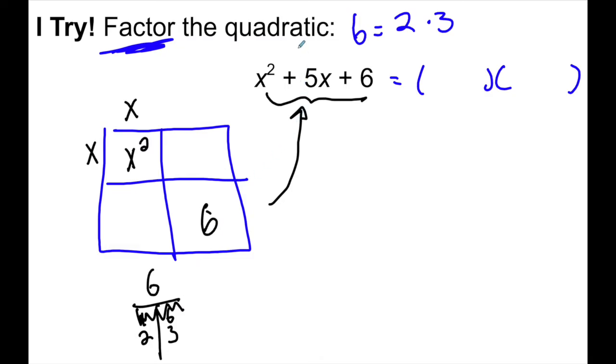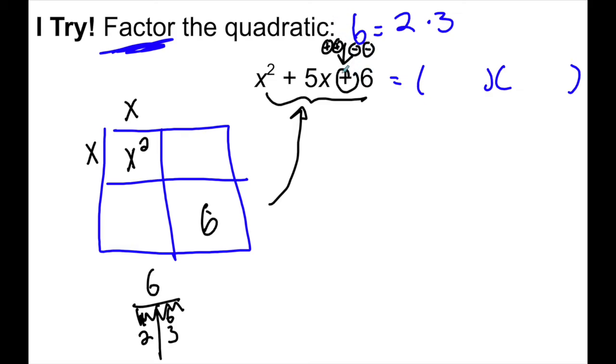Notice I'm choosing positive numbers, and I'm using some intuition here. First of all, I know that this last c value here is a positive. And so I know that when you multiply two numbers and get a positive, either it's a positive times a positive or a negative times a negative.